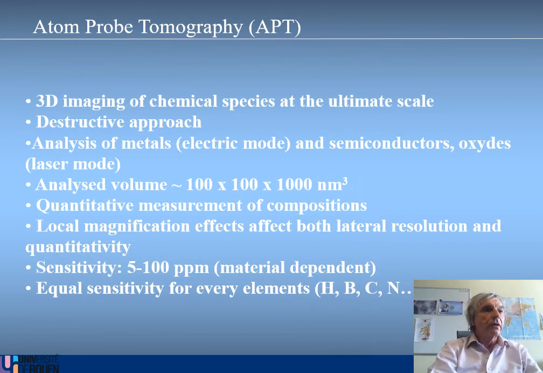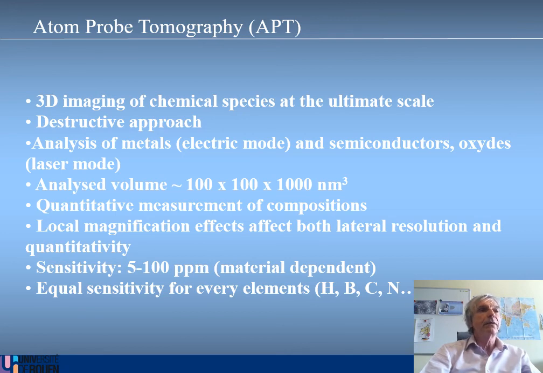As a conclusion, this is a summary of important points. Clearly, atom probe tomography makes possible 3D imaging of chemical species at the atomic scale. The resolution is very good perpendicular to the surface. This is the depth resolution.